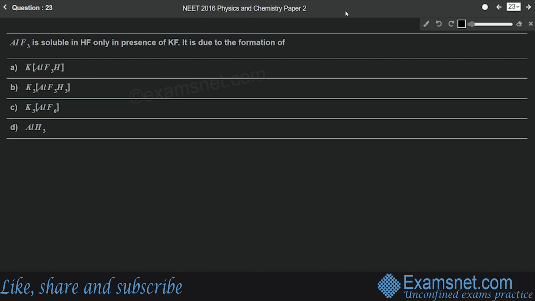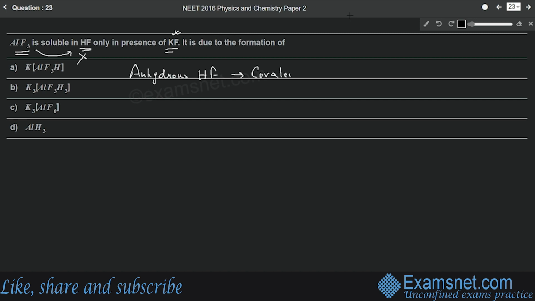Question number 23 is again from the P block elements, and the question is: aluminium trifluoride is soluble in hydrogen fluoride only in the presence of potassium fluoride. It is due to the formation of, okay. So when potassium fluoride is not present, then aluminium trifluoride will not dissolve in hydrogen fluoride. The reason is that anhydrous hydrogen fluoride is a covalent molecule.